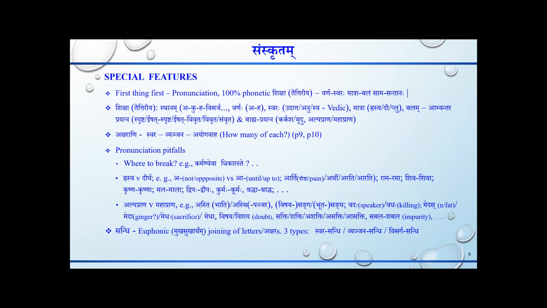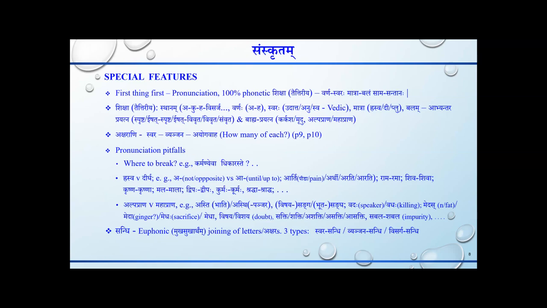Swara sandhis, where the two vowels come close to each other and result in a new vowel. Like for example, you have the word Rama. You already saw the word Rama, Lakshmi, and Ishaha. Here you can say in the meaning of husband. So you have the word Rameshaha.